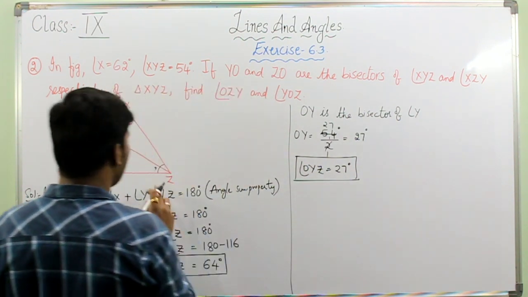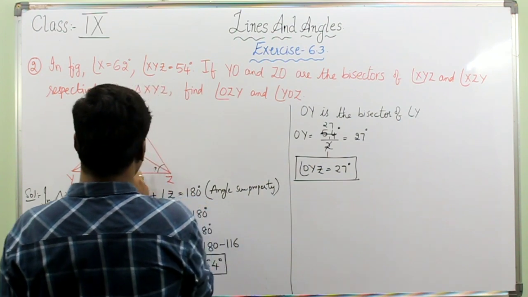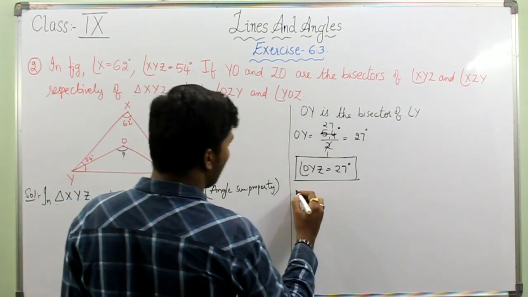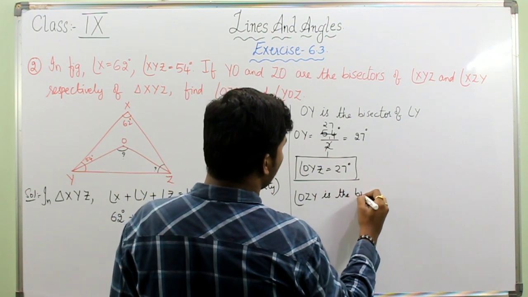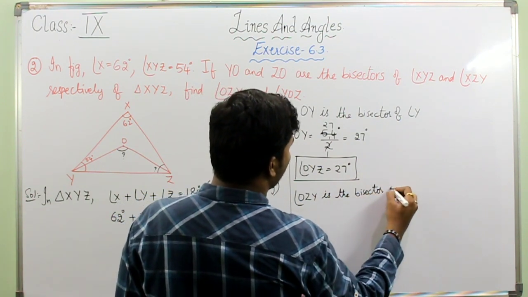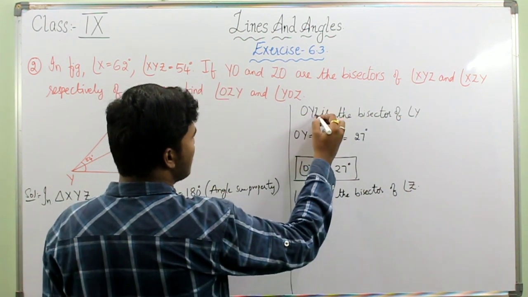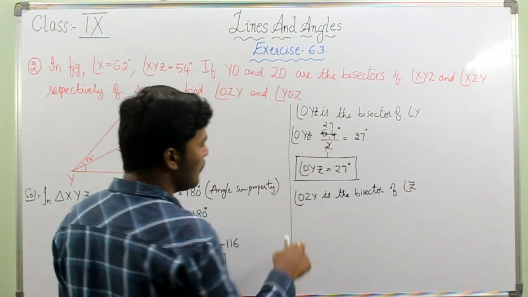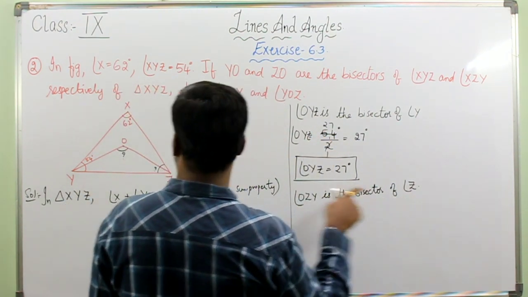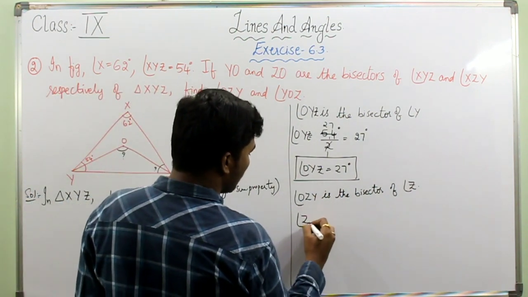Now similarly here, OZ is the bisector of angle Z. But we have angle Z as what? 64.